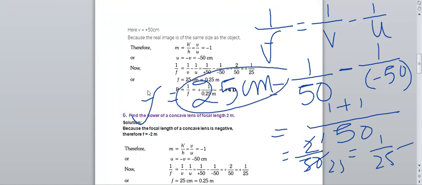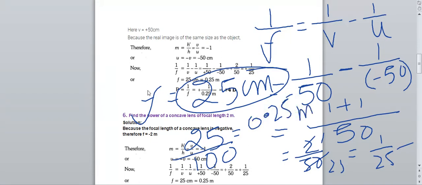This we have got in centimeter, but we have to convert it into meter. Then only we can find the power of the lens. 1 meter is equal to 100 centimeter, so 25 centimeter is equal to 25 divided by 100, so we can write 0.25 meter.